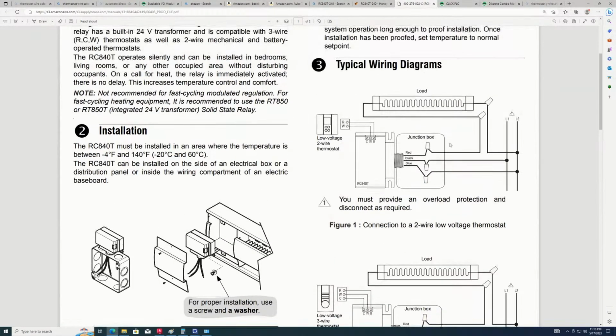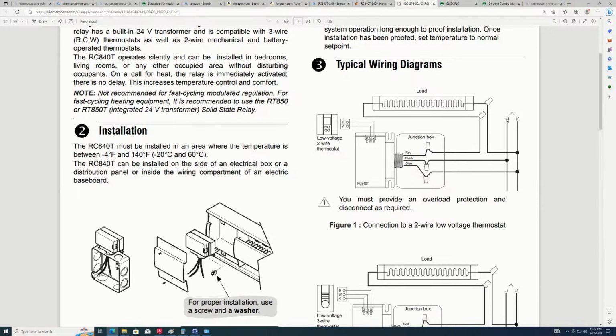Screw it down. So yeah, I don't actually understand what these mean. Red, black, and blue. I'm gonna guess red's hot, black is ground, and blue is. We have to bridge these two to make it work. So if you look at it, you're switching L1.